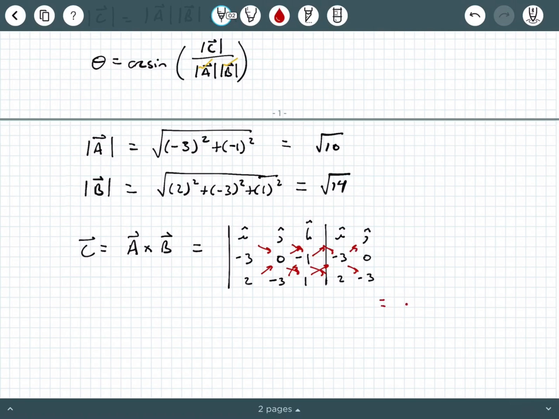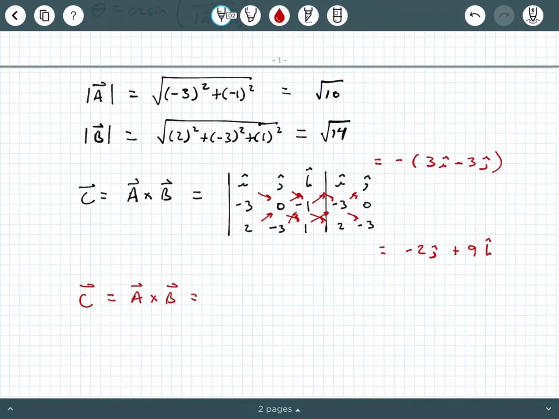So down here, we're going to get 0i, we'll get -2j, and we'll get +9k. And then up top, we're going to negate this whole term, and we'll get 3i -3j, and 0k. So we'll close that off, and we get Cartesian vector C equals A cross B equals, sure enough, -3i.